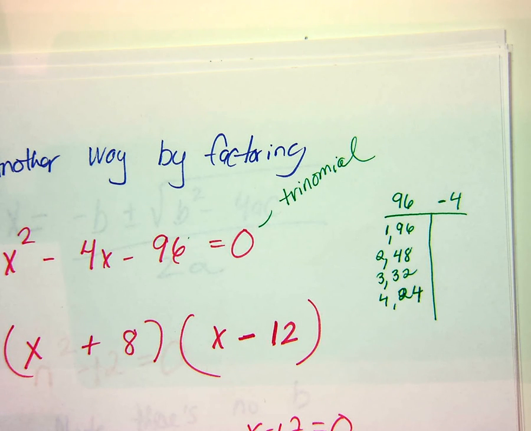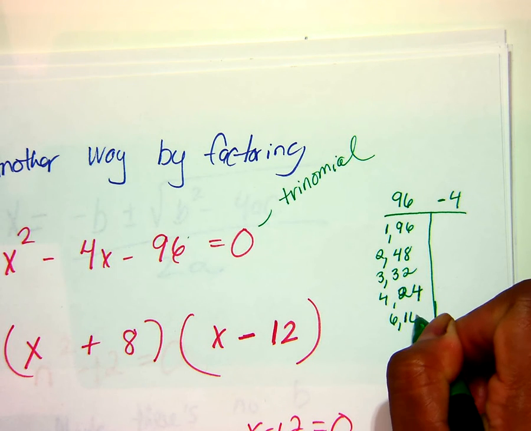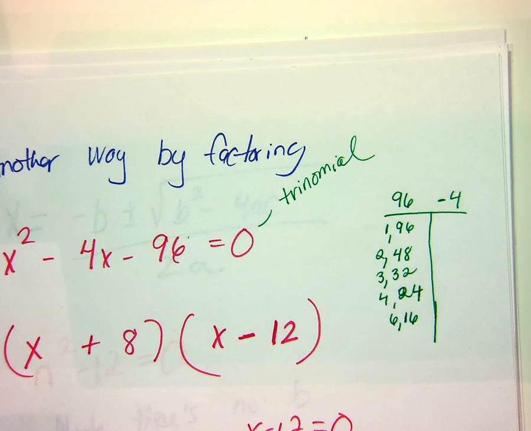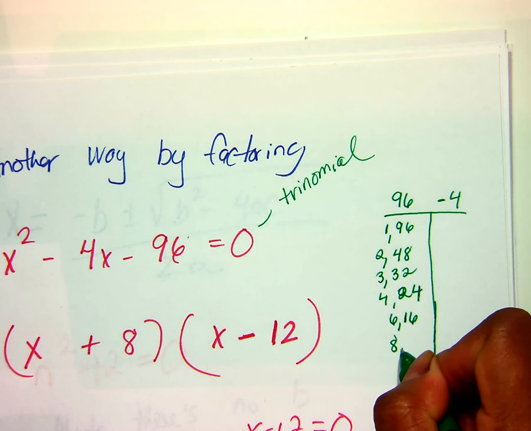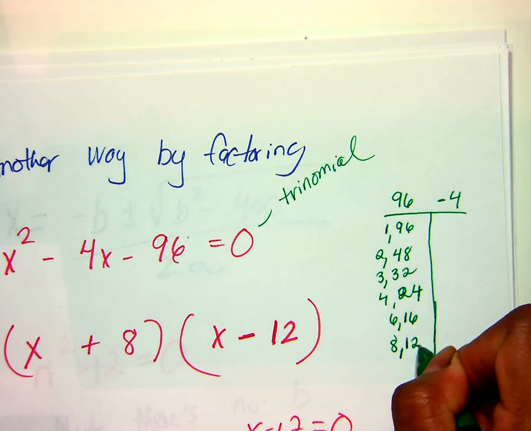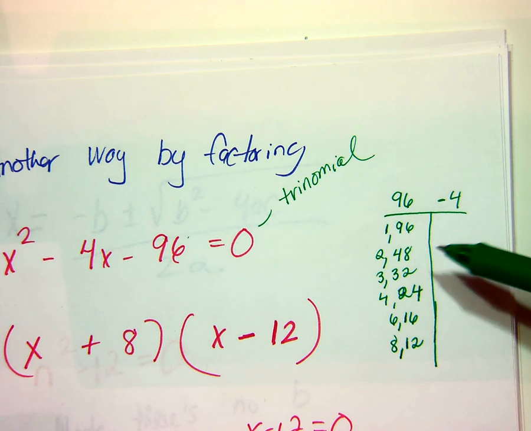Then, I know 5 can't get into it. 6 can as well. 6 is 6 and 16. 7 can't go into it evenly. And 8 can go into it evenly 12 times. And I think that's it. Yeah, that's it, because then the numbers start repeating themselves.